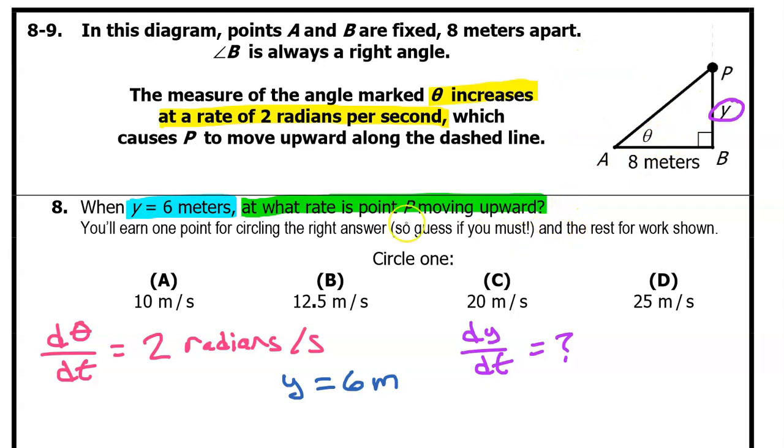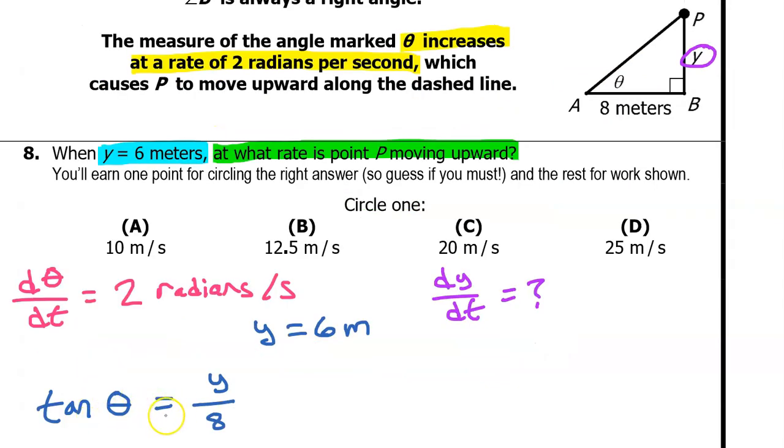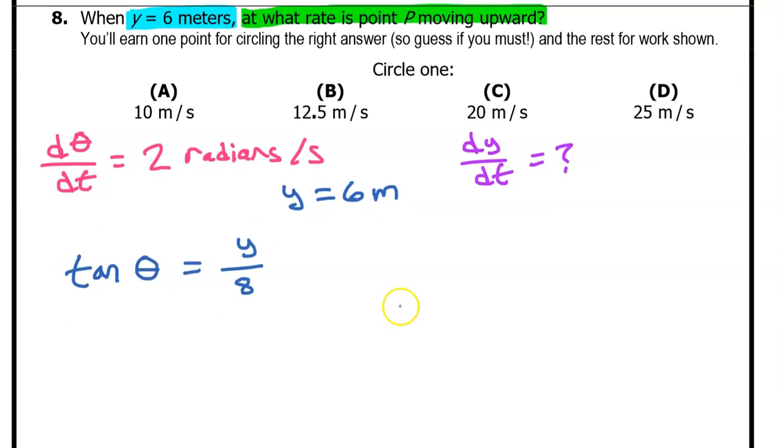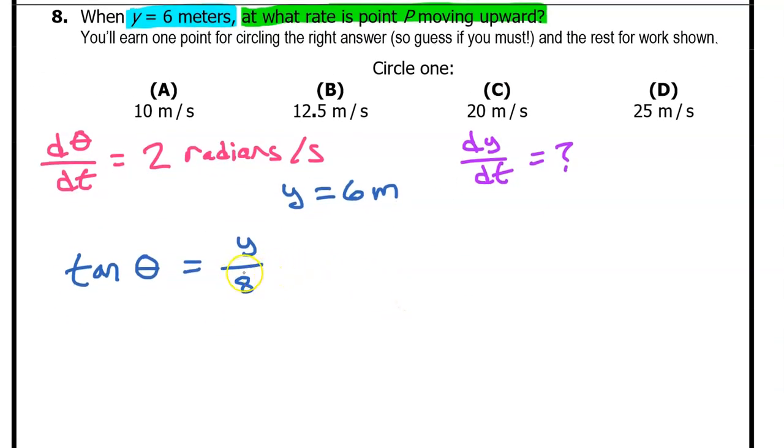So let's write that down. So there it is. I put it right here in the corner. Again, tangent of theta is opposite over adjacent, y over 8. I'm going to rewrite this slightly to make it easier to see what I'm going to do next. This is tangent theta equals 1/8 times y.